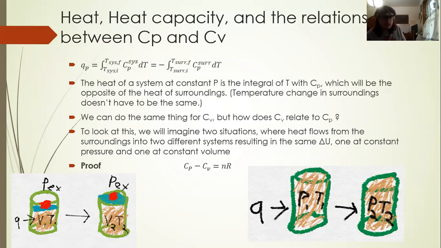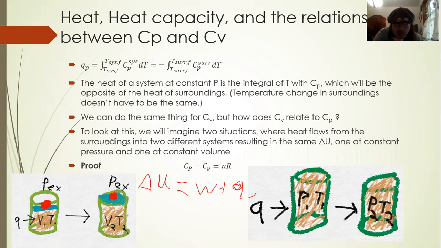If the internal energy change is the same, I'll just do it here. Internal energy is equal to work plus heat. At a constant volume, there is no work done.